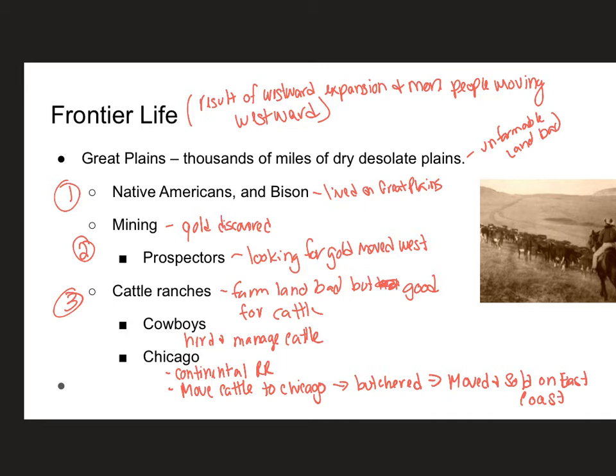Another thing that's important about these cattle ranches and the cowboys, and that made it easier, was what we call barbed wire. It was an important invention for the cattle ranches. However, this all led to a huge decrease in the American bison, or the American buffalo.